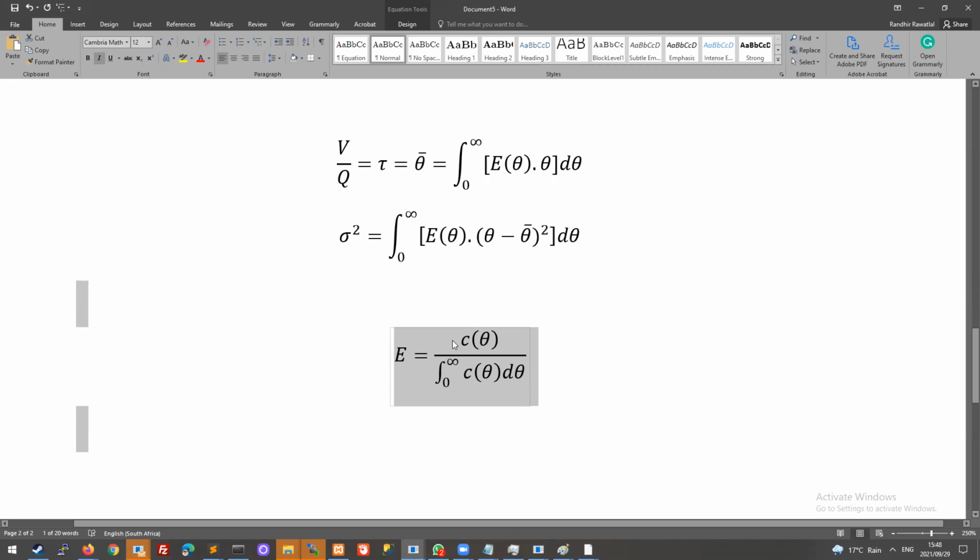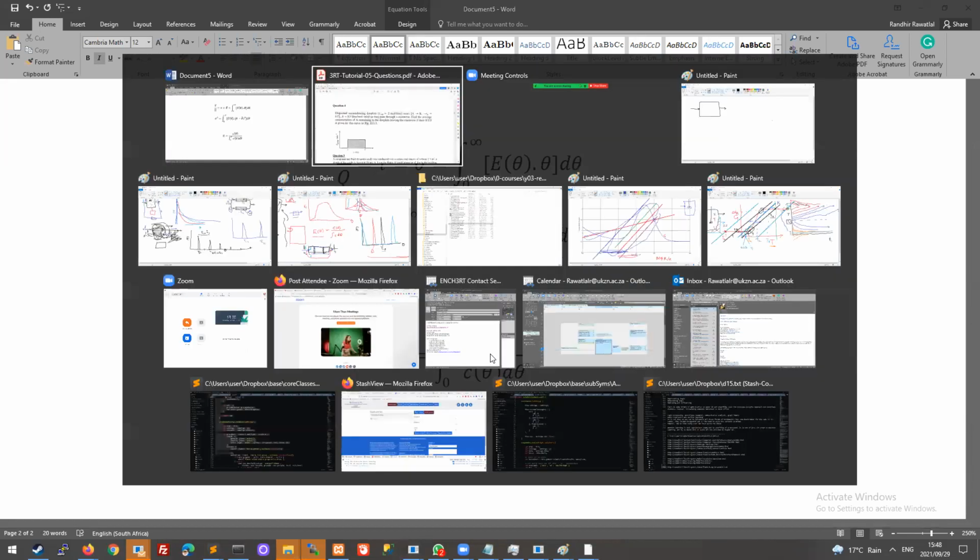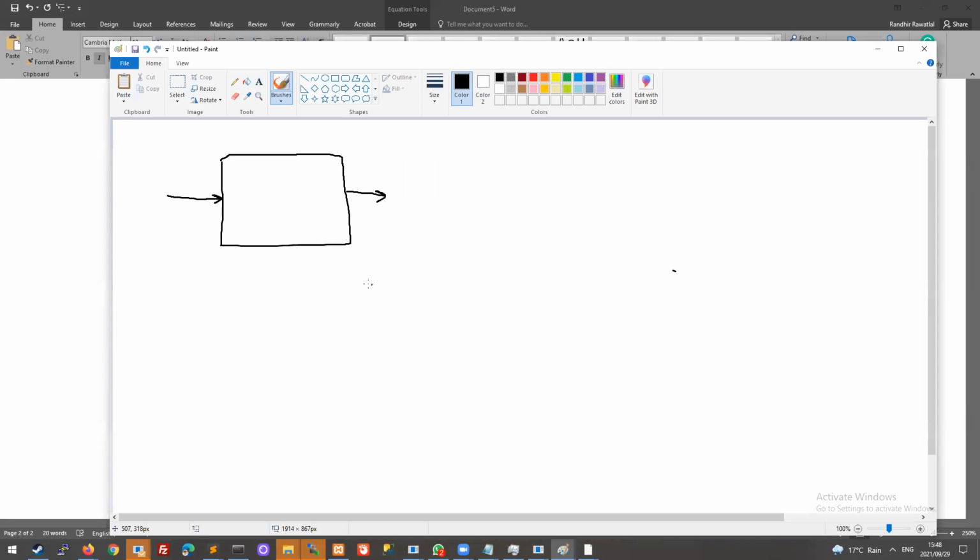So E of theta is directly proportional to C of theta. That means that your age distribution is also going to have the same shape. E of theta is going to be 0 up to 1, then it's going to go up to some value here, and then it's going to come down to 3. So there's the 3.